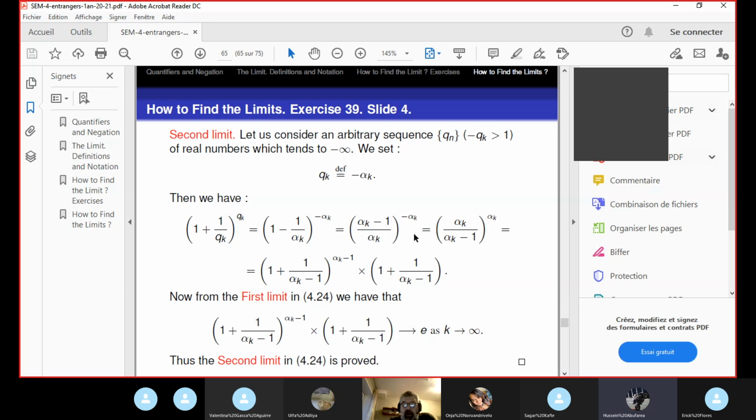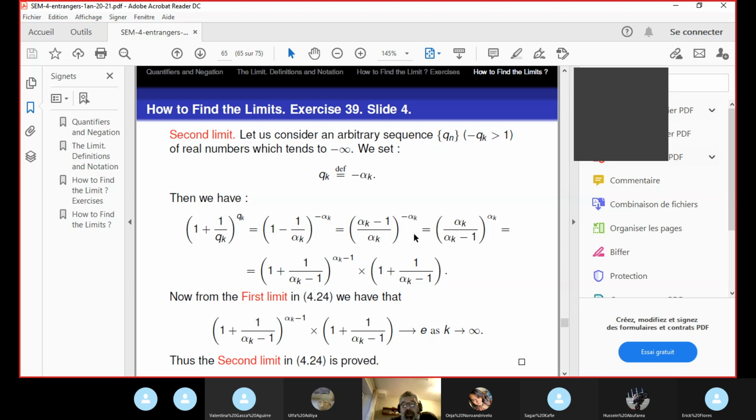Good, thank you. So now, we have to rewrite our fraction alpha k over alpha k minus 1 in the following way. I write that it will be 1 plus 1 over alpha k minus 1, to the power alpha k. But I want to have as a power exactly what we have in the denominator of the second term of our base.